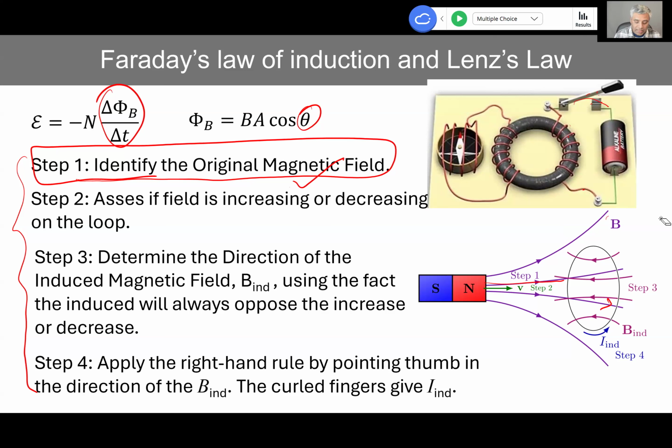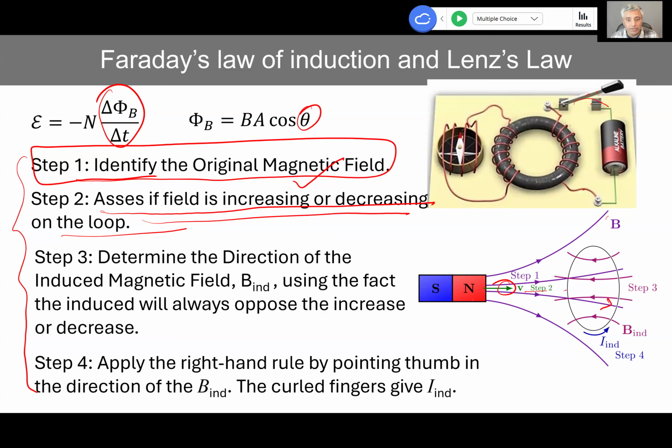Okay. So now, step 2, know if the field is increasing or decreasing. For example, in this case, the magnet is coming towards the coil, because B is shown going something like that. B is pointing towards that and the arrow is there, so that means it's moving in that direction.